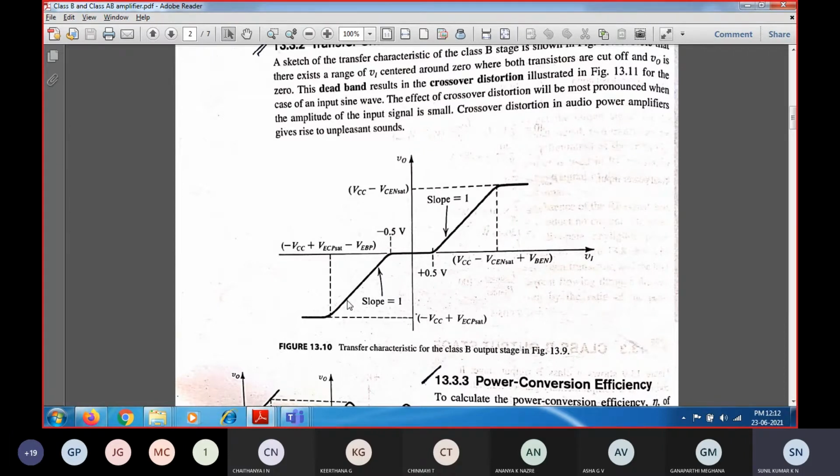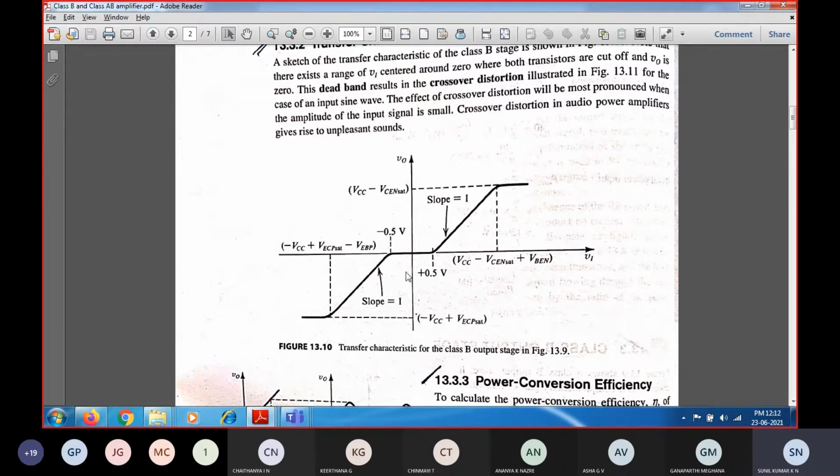As soon as the PNP transistor gets saturated, the output follows the input and saturates in the negative direction, equal to minus VCC plus VCEP saturation. So this is the transfer characteristics.